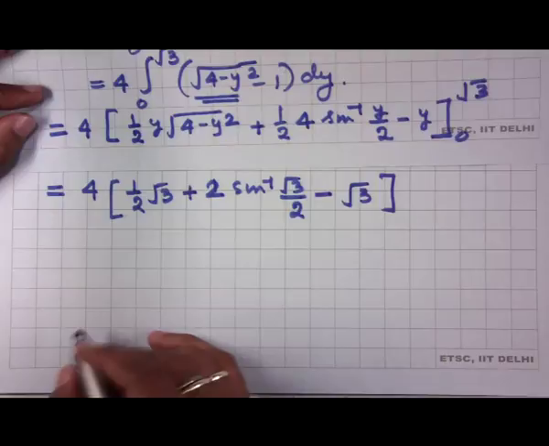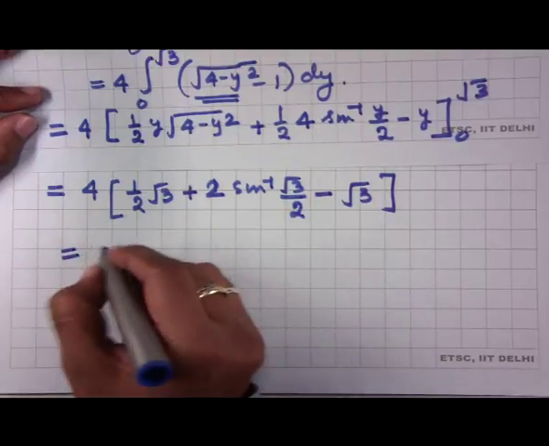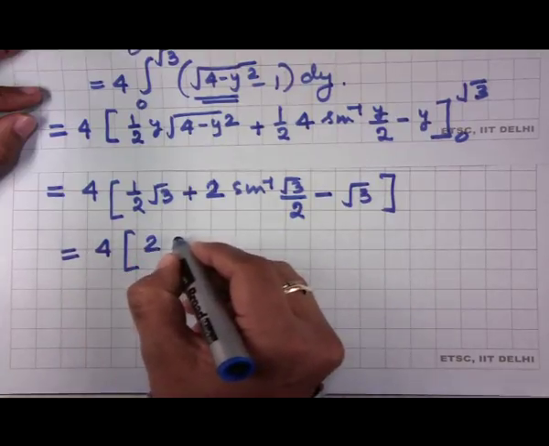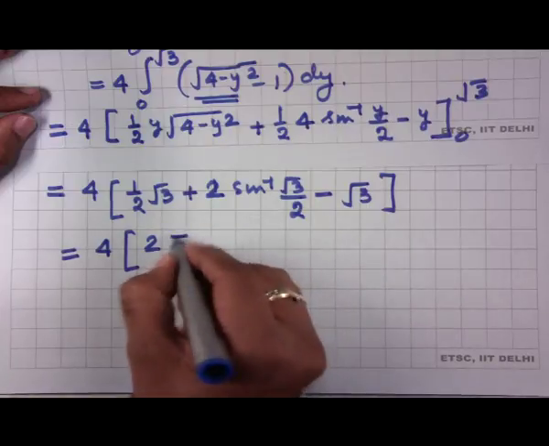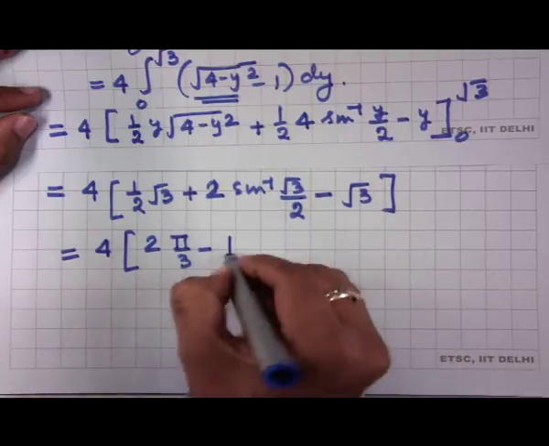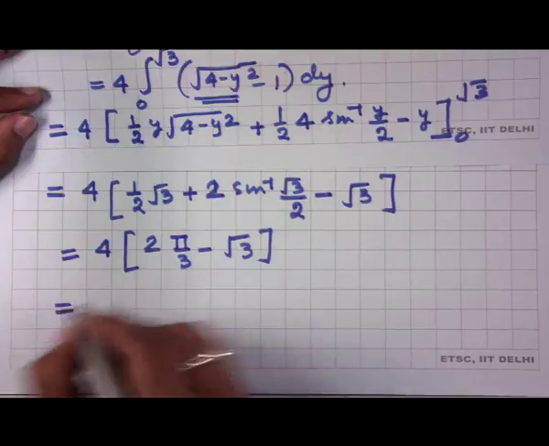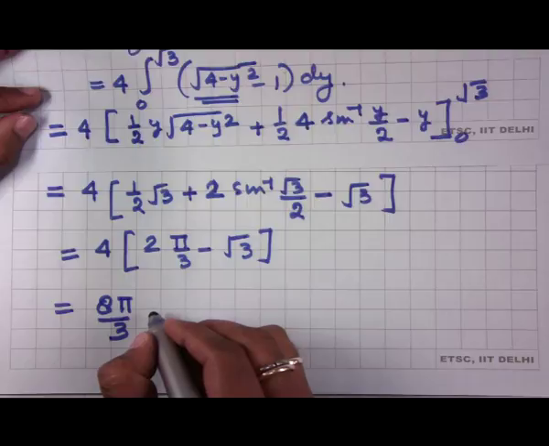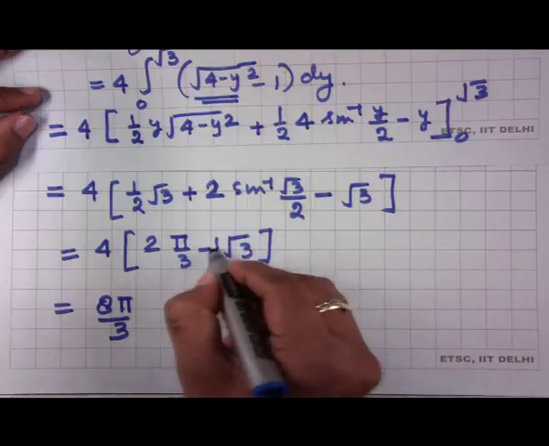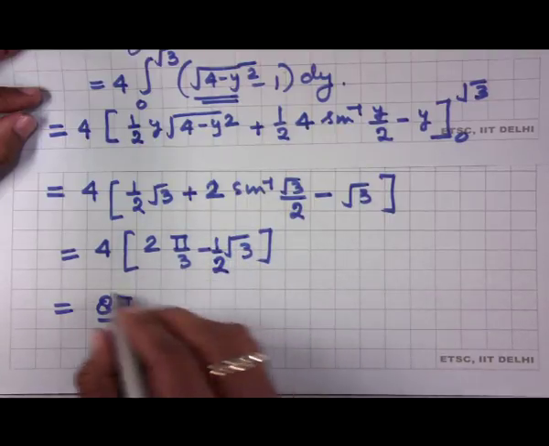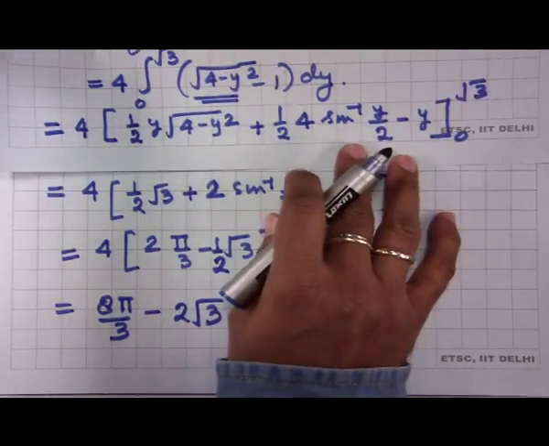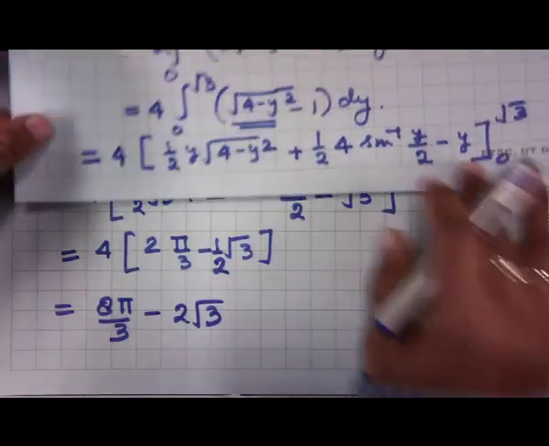So, we get this, 4 times, and this is pi by 3 minus root 3. So, we get 8 pi by 3 minus 2 root 3. This is the final answer.